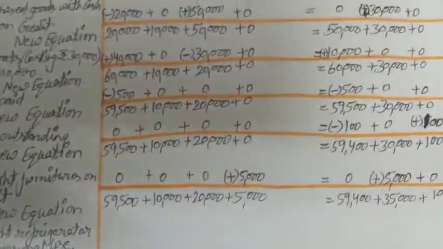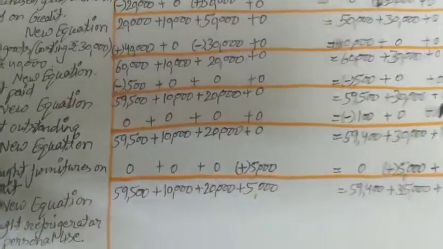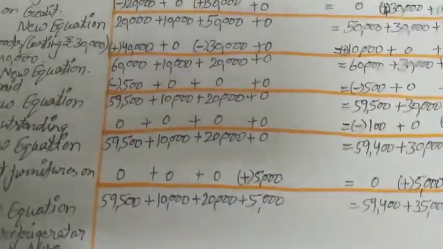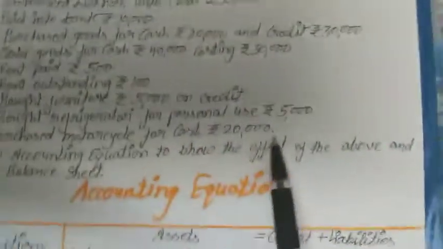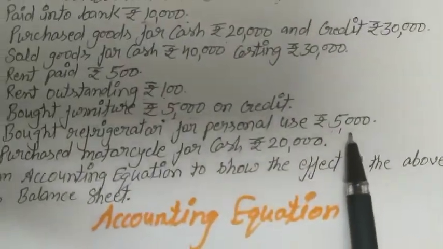It has become equal to drawing. It is a drawing because they purchased for personal use and they have withdrawn rupees 5,000 cash.